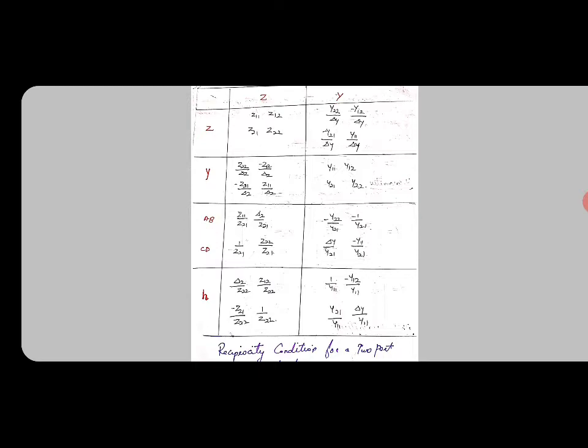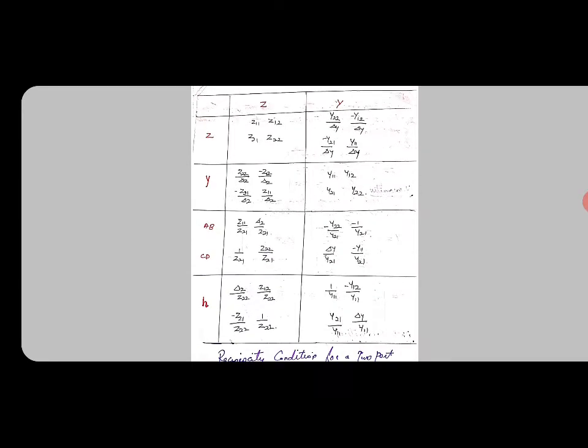We just find the equivalent parameters, and from them the parameters they are asking for. To get Z parameters from Y parameters, the matrix is y22/del y, minus y12/del y, minus y21/del y, and y11/del y.